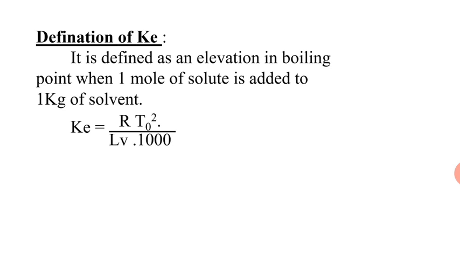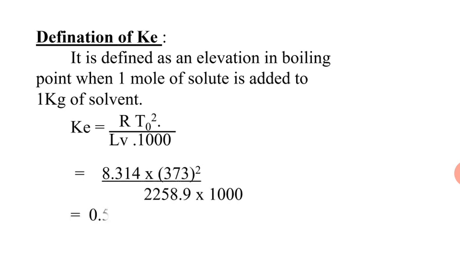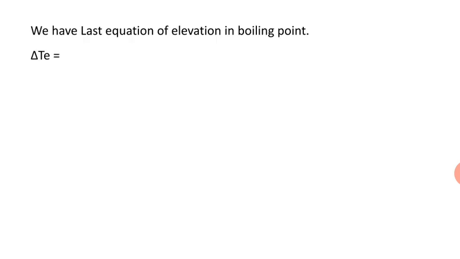Putting all the values of the constants, we get the final value, that is 0.512 kg per mole. Now we have the last equation of elevation in boiling point, that is delta Te is equal to RT0 square into M upon LV into 1000.